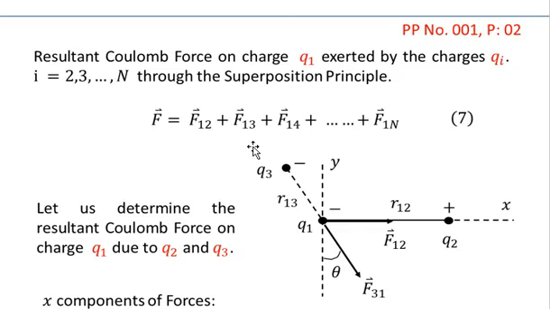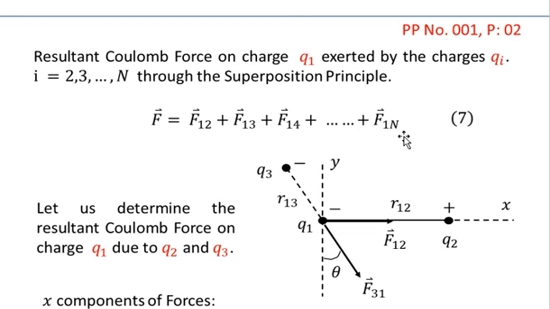Similarly, plus F13 is the force on charge 1 due to charge 3. Similarly, F14 is the force on charge 1 due to charge 4, and so on. And finally, F1n is the force on charge Q1 due to the nth charge.